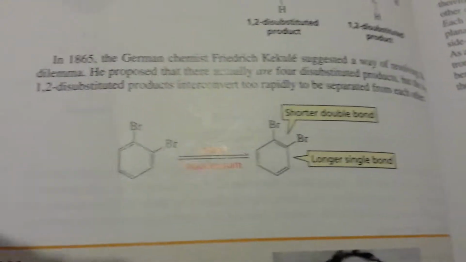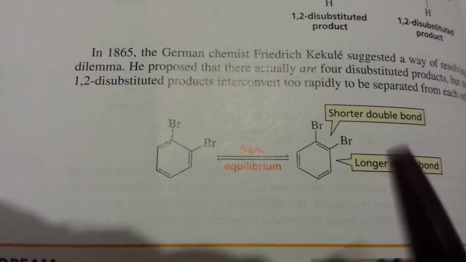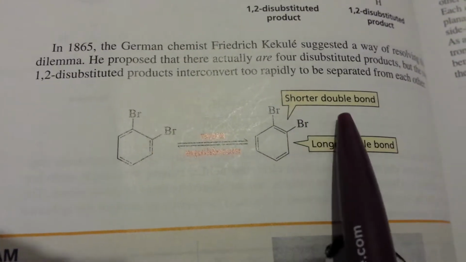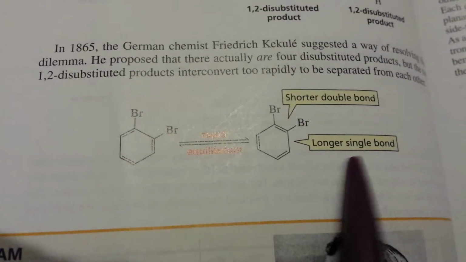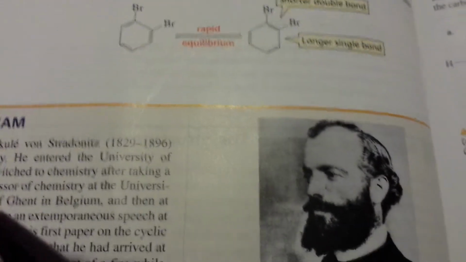So he said there are two substituted products, by a shorter double bond and a longer single bond. This is what they were predicting.